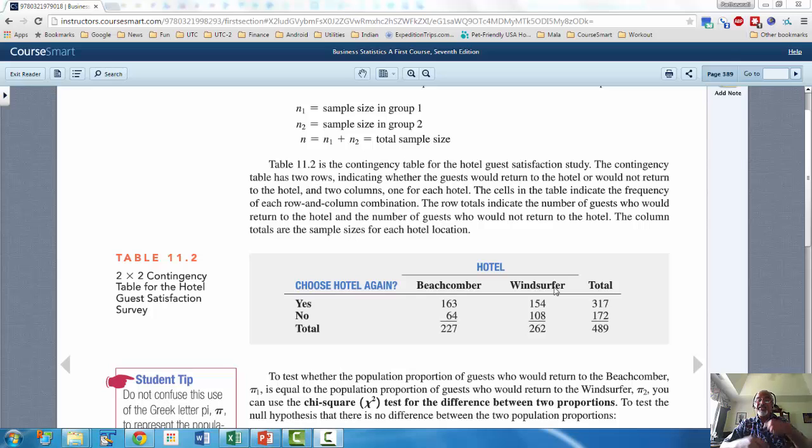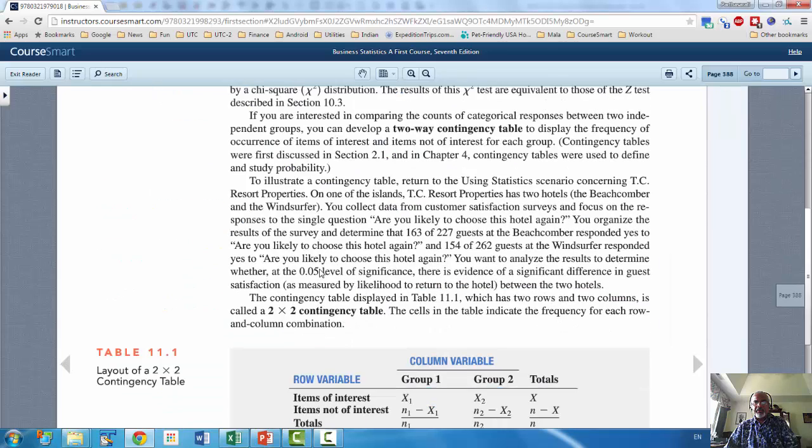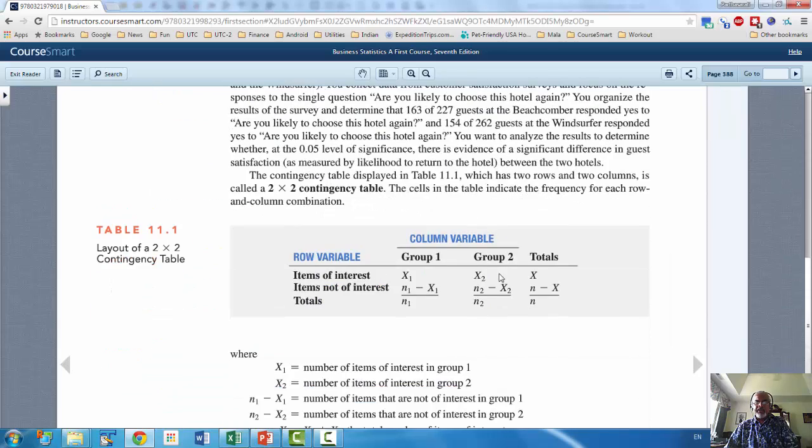So now we're going to take the contingency table approach for that same hypothesis. Here we have yes and no, and then there are two groups, Beachcomber and Windsurfer. In general terms, this is what the contingency table looks like.